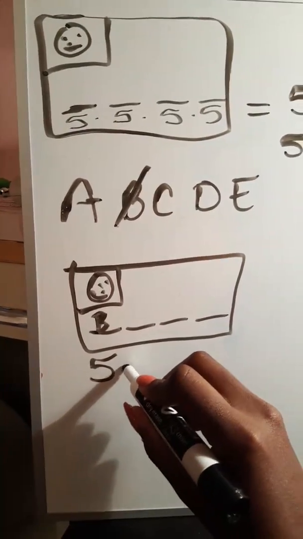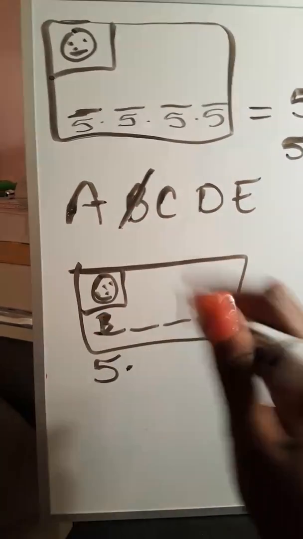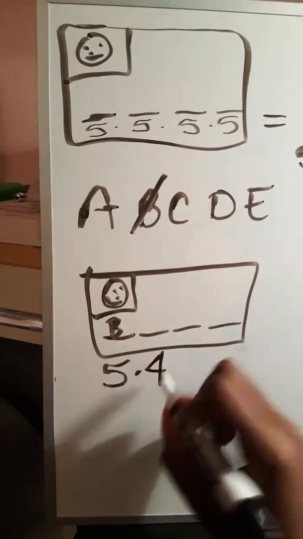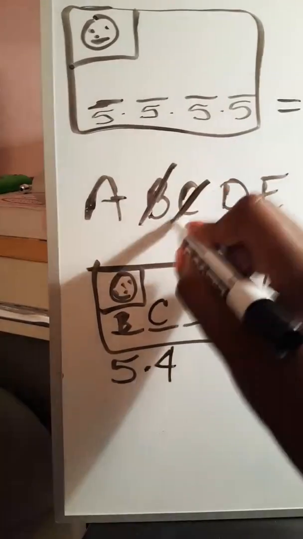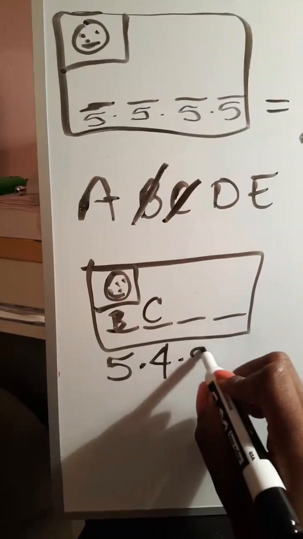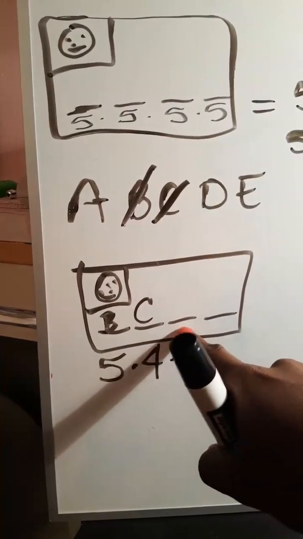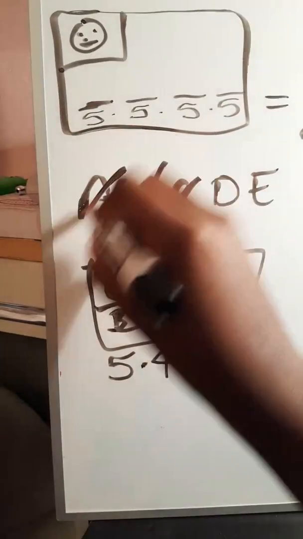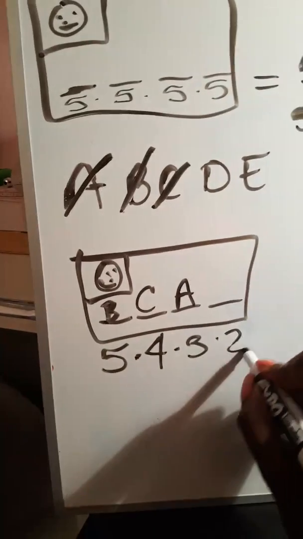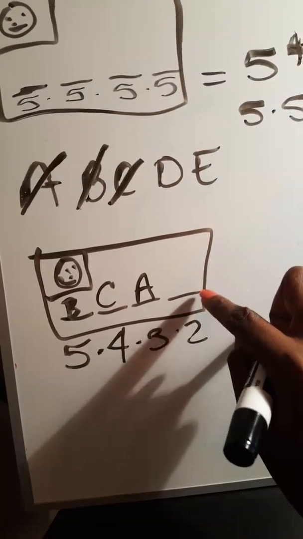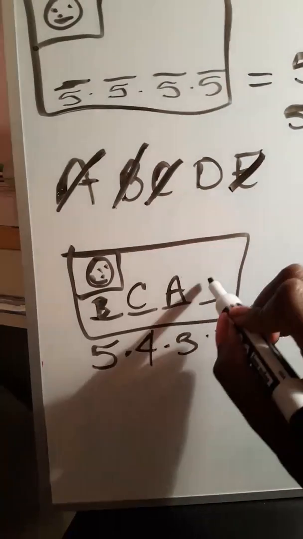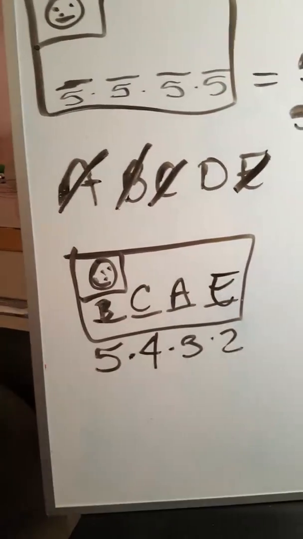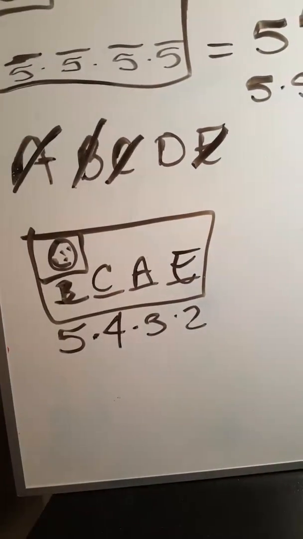So that means for spot number 2, I only have 1, 2, 3, 4 letters. If I use C, now C is gone. So I only have 3 letters left for the third slot. If I use A and A is gone, I only have 2 letters left for the last spot. If I use E for the last spot, then we've used all 4 letters.